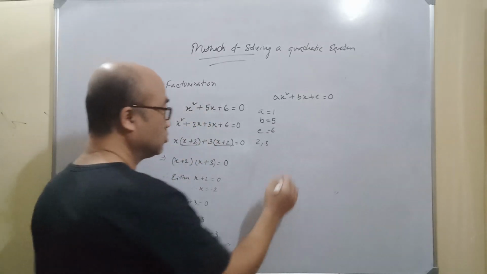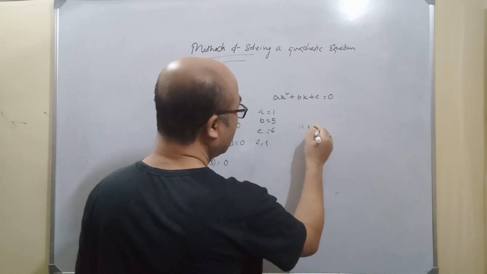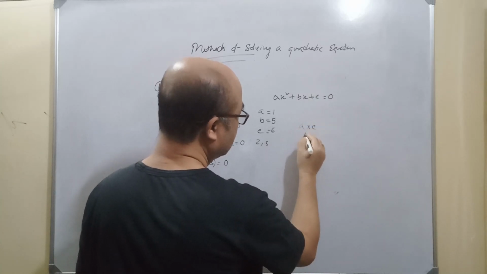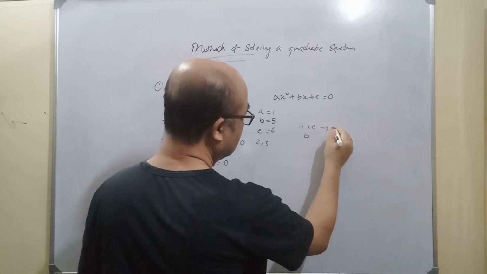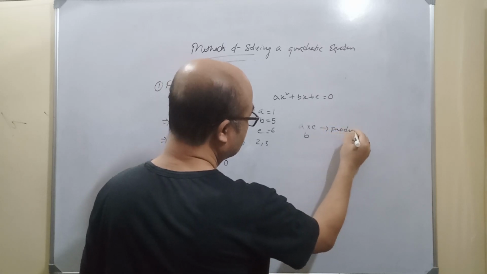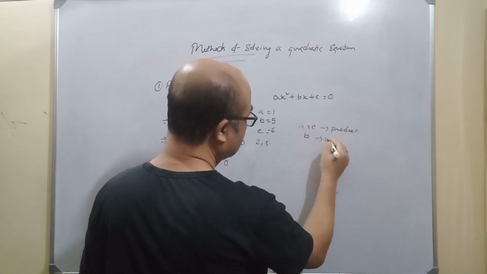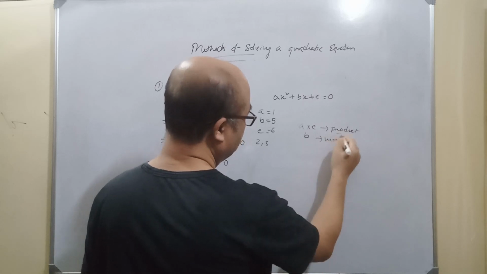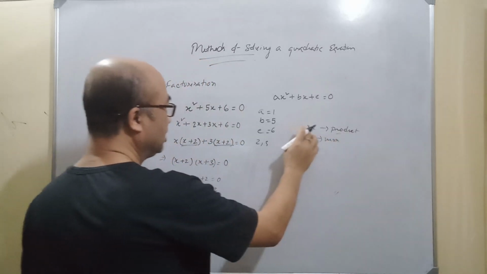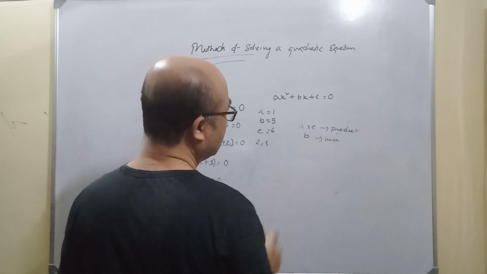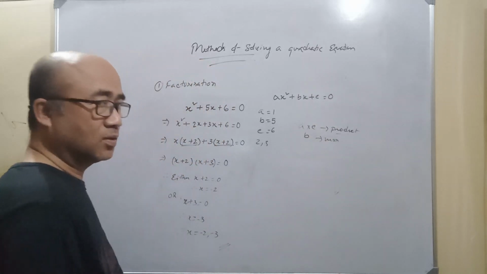The product should be equal to a into c and the sum should be equal to b.